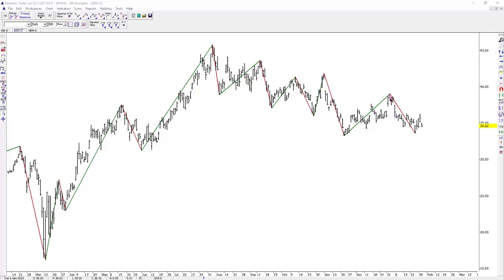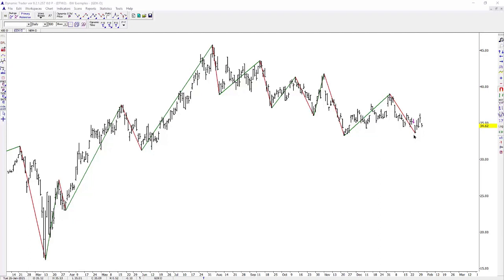But up until this point in time, this complex correction follows all the guidelines for a complex correction, where each declining swing has been impulsive, and the last one to finish off the complex correction should be impulsive also. All but the one advance, anyway, has clearly been a correction, and that's how it should be, a correction against the correction.